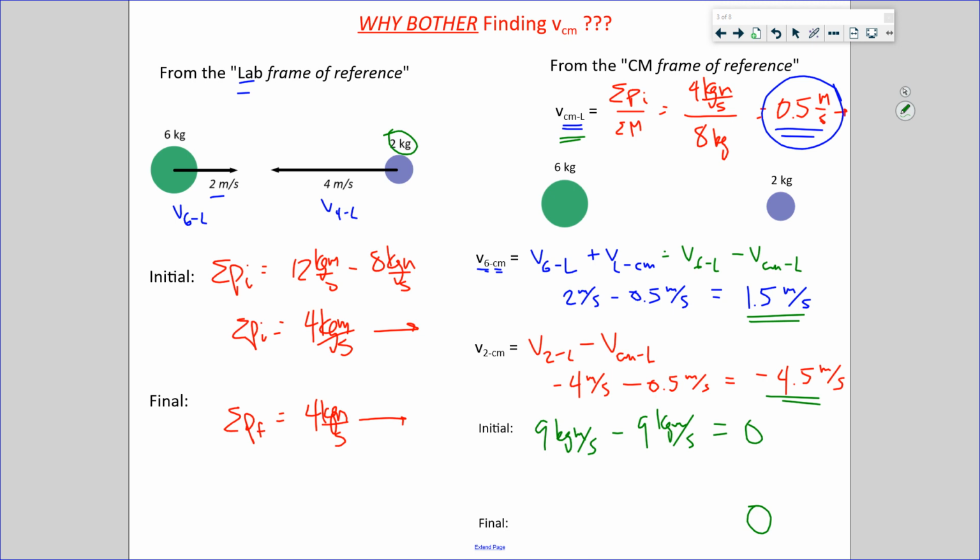We're just measuring from a different frame of reference, from something that's moving at a constant speed, just a different speed than our stationary lab frame. So you're probably saying, who the heck cares? Why am I bothering? Well, here's why.